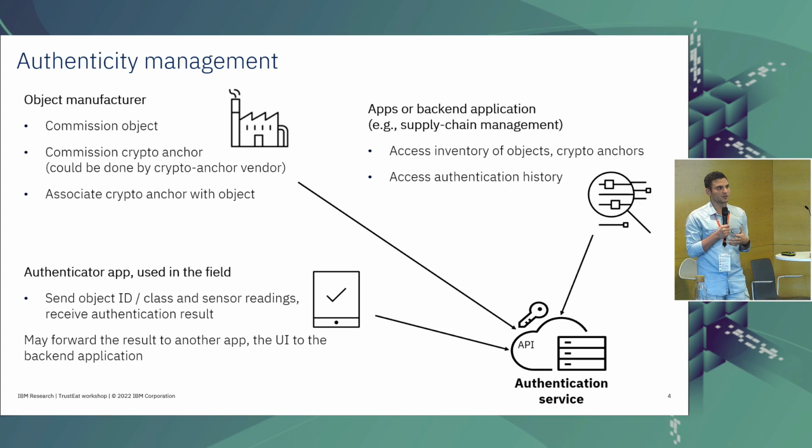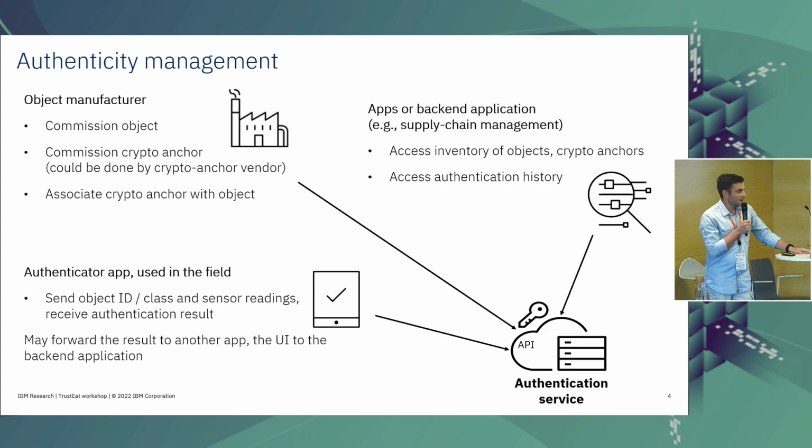So the object manufacturer can commission the fabrication, and we can then attach that crypto anchor to the object in a second phase. All this information, and the link between the object and the crypto anchor, is usually stored in an authentication service. So the object manufacturer has to give this link to an authentication service.